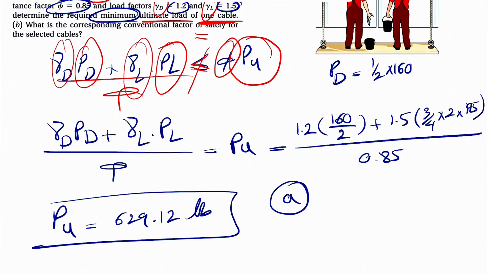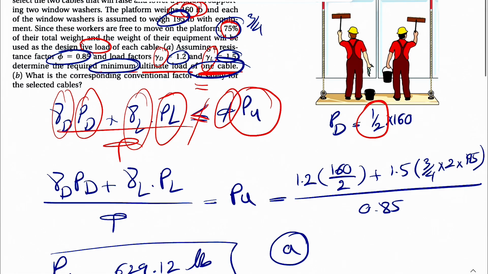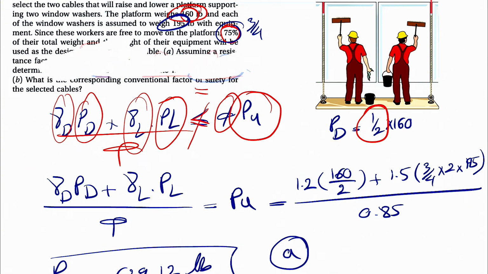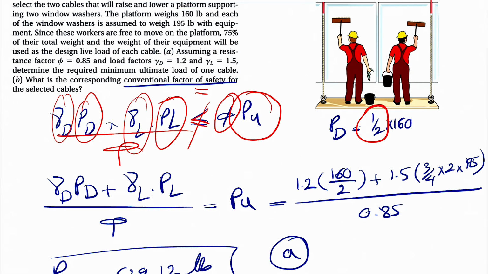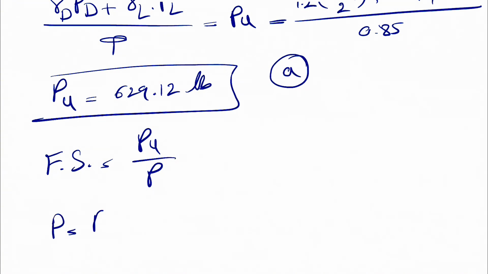The trickiest part of this question so far is that we have to watch for this 1/2, because we have 2 cables, and in the question we have the ultimate load for 1 cable. So that's the A part, and the B part is asking for the corresponding conventional factor of safety. I'm just going to clean up, it's too messy. The conventional factor of safety is equal to the ultimate force over P. And for finding P, we basically have the dead load plus our live load.